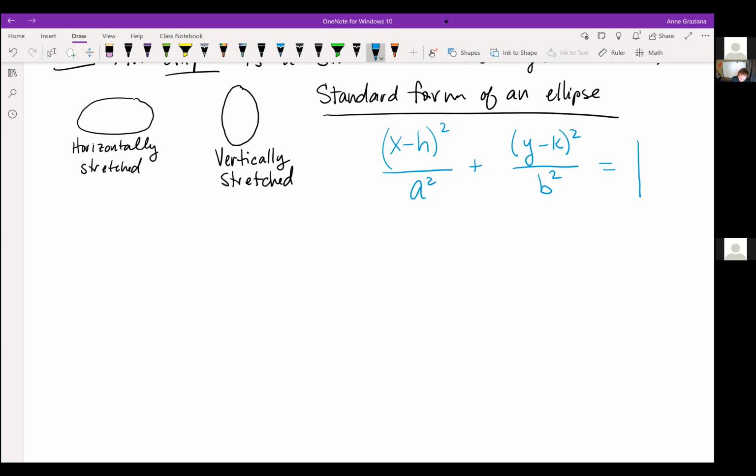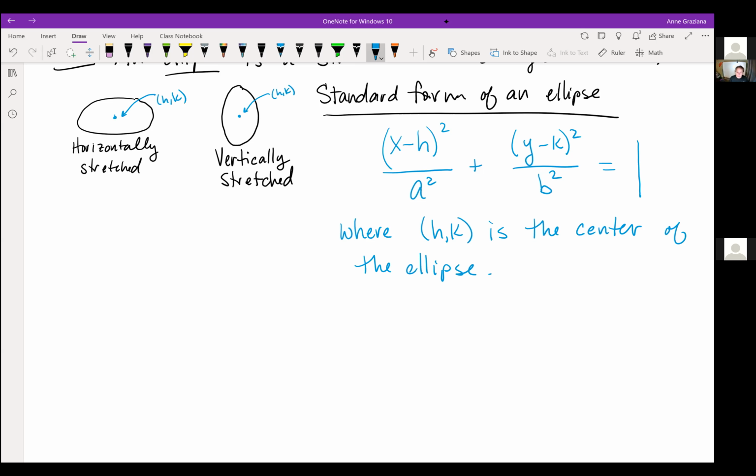Okay, so this is where h comma k is the center of the ellipse. Okay, so in both of these, this would be h comma k on a grid, okay? So the center here.